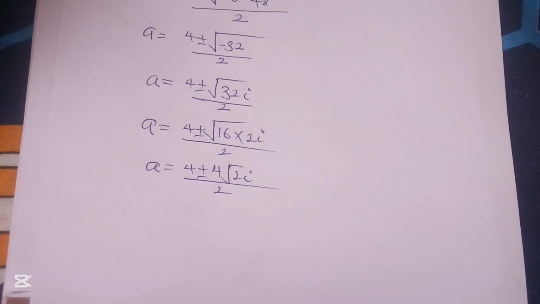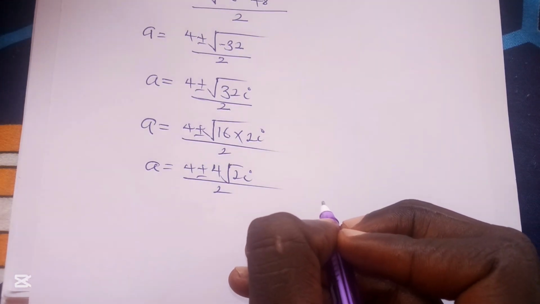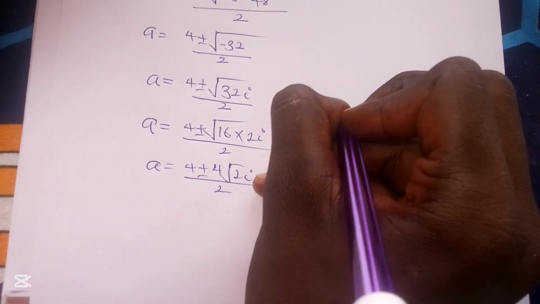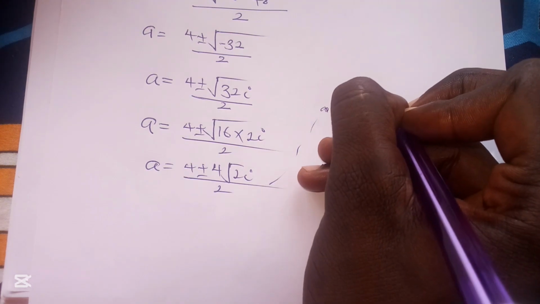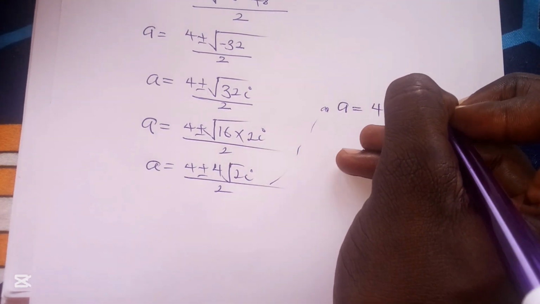Now finally we can find the value of a. Let's take it from this point. a here becomes 4 plus 4 root 2i, divided by 2.